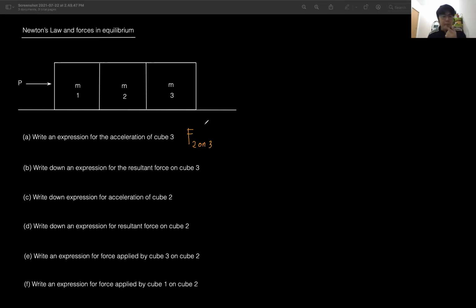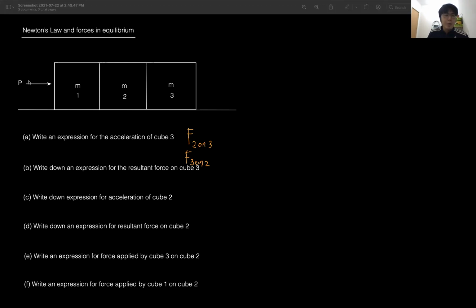That force is the contact between cube 2 and cube 3. How about if I want to find the force of 3 on 2? What is the reaction force of body number 3 pressing on body number 2? For all this, you need to use a free body diagram. So now let me show you how to solve this.